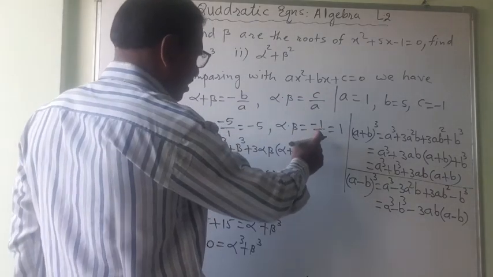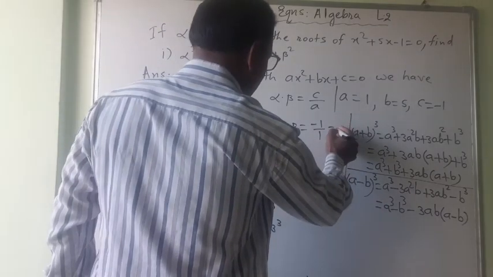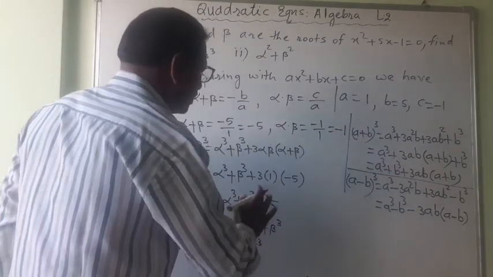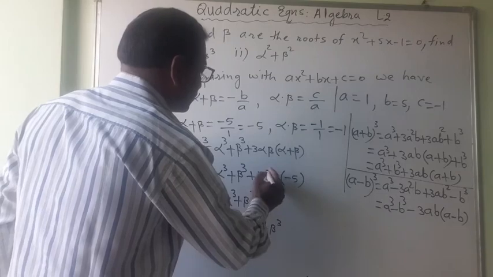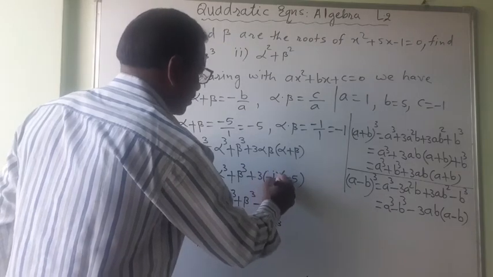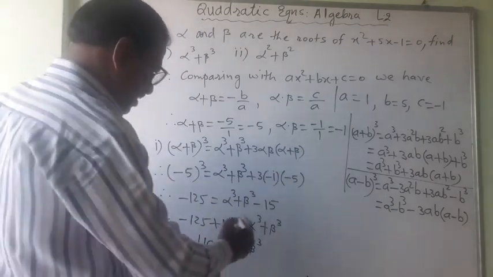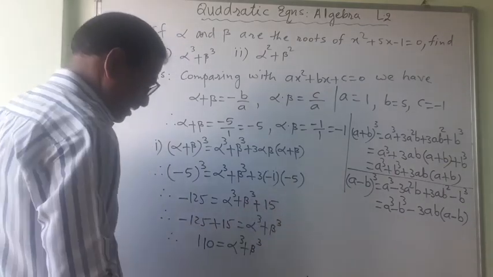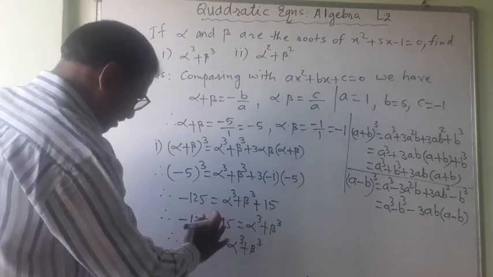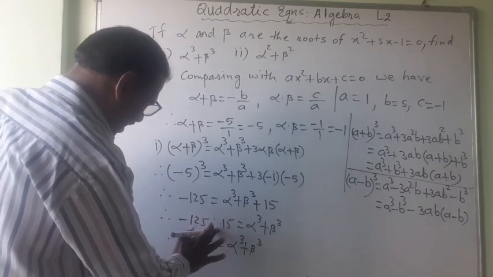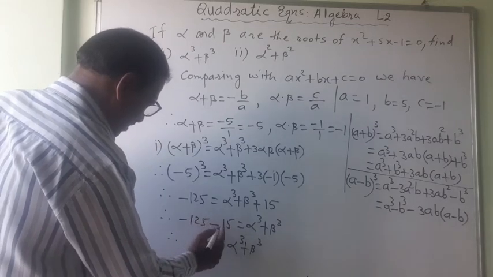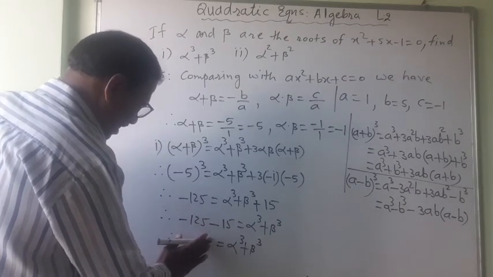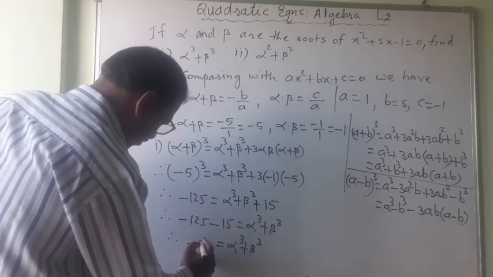I have done a mistake, this is minus 1. So this will be minus 1. This minus into minus will become plus. And then here, if I bring it here, it will become minus. And the answer will come to be minus 140.